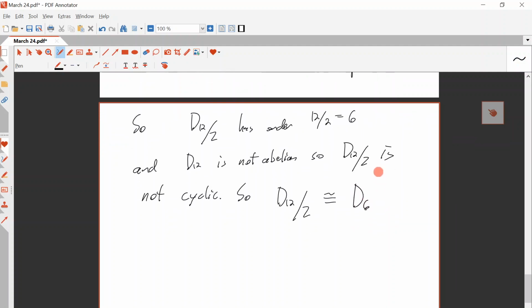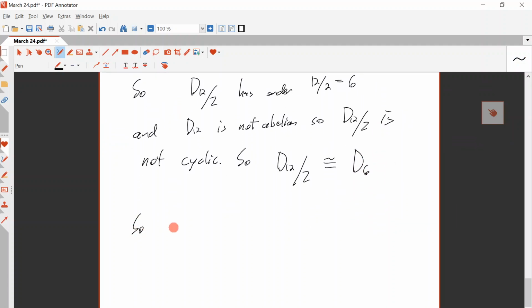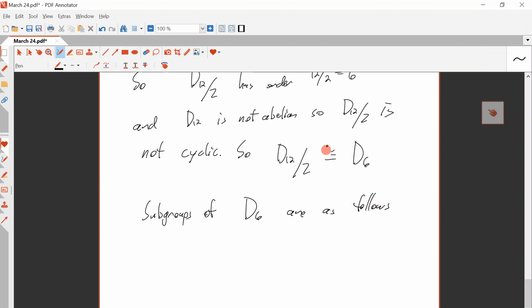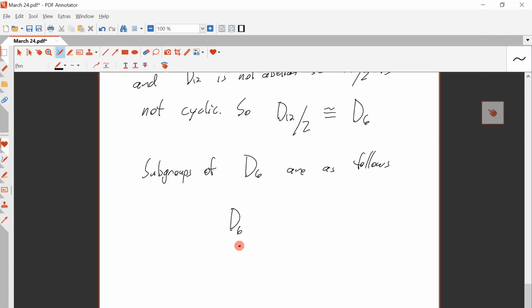All right, so the subgroups of D6 are as follows. You've got D6, and then you have one subgroup of order 3. So D6, let's give these elements names: 1, x, x squared, and then y is the reflection, xy, x squared y. You have one subgroup of order 3.